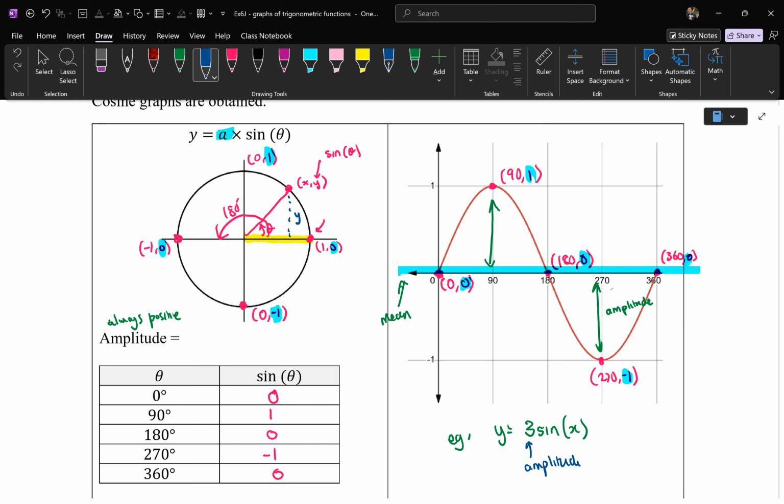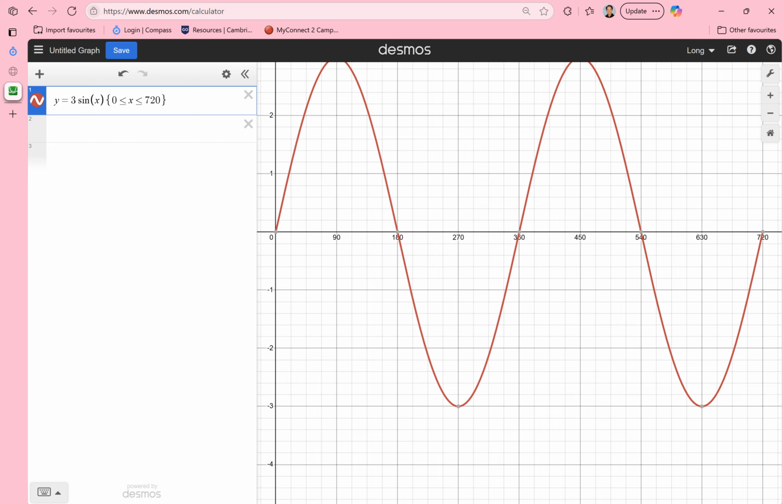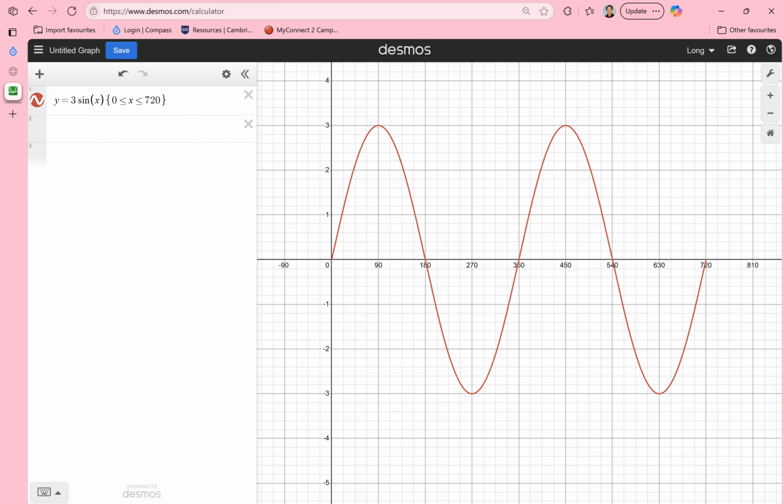I can show you on Desmos, if I put a 3 in front of it, can you see that the maximum is 3 units away from the mean? And again, same thing, 3 units away from the mean. So from the minimum to the mean, from the max to the mean, it's 3, 3. And that's a beautiful property for trig because it's constant. It's the same height throughout.